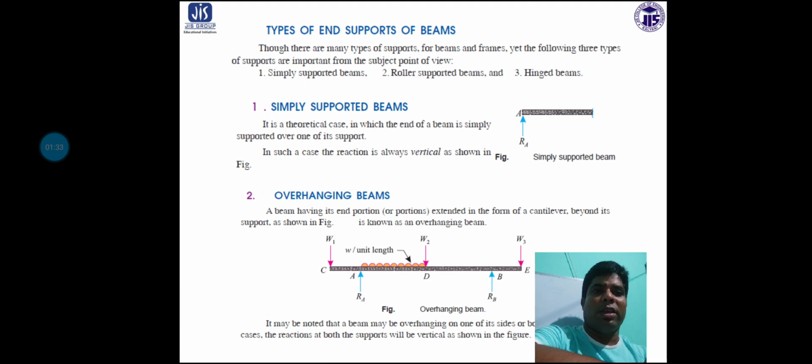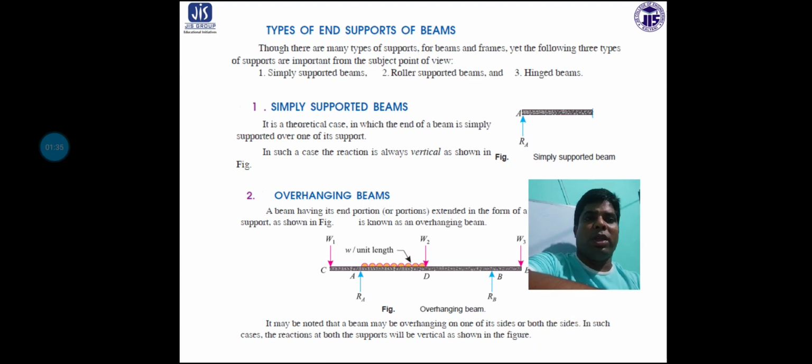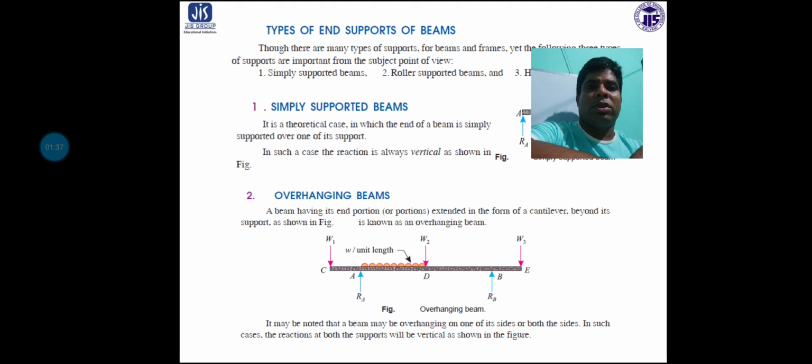Next, overhanging beam. In an overhanging beam, that means a beam having its end portion extended in the form of a cantilever beyond its support as shown in the figure, and it is known as the overhanging beam.